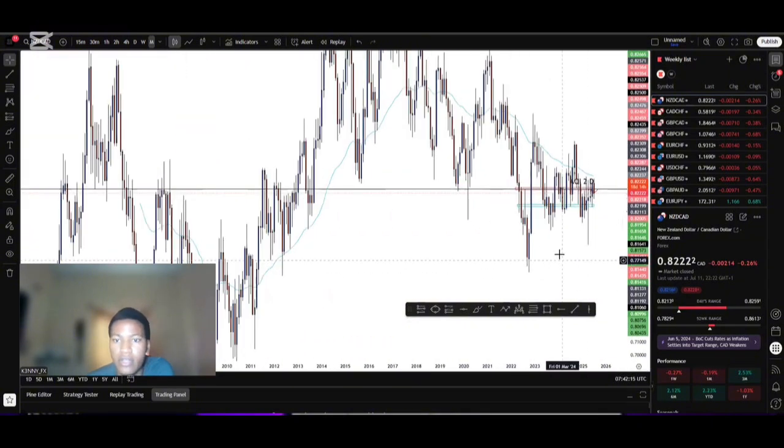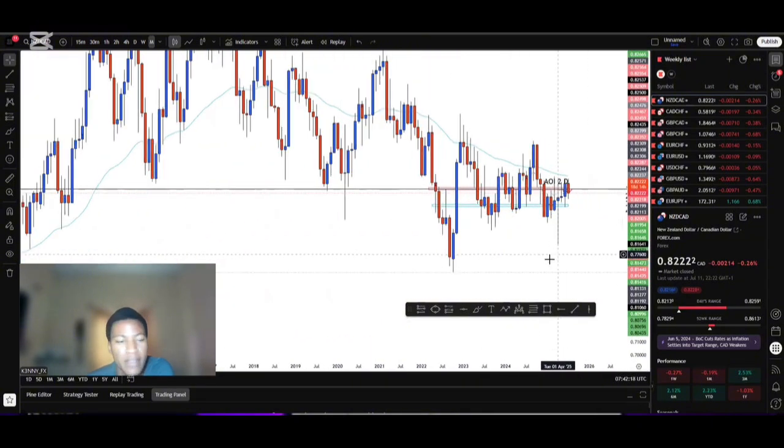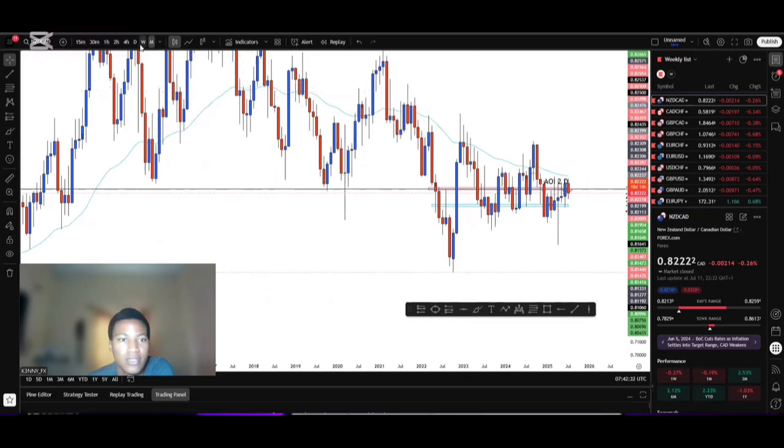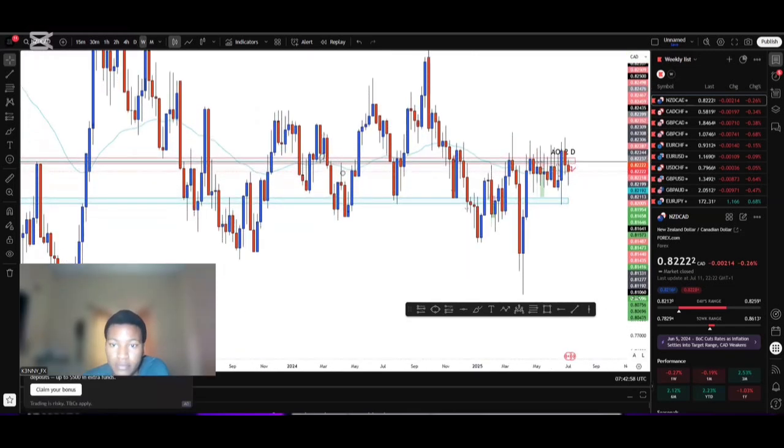Okay, monthly is currently bearish because this is the lower high and this is the lower low. So monthly is currently bearish, but it doesn't really matter for me. Just here, I come down to the weekly.